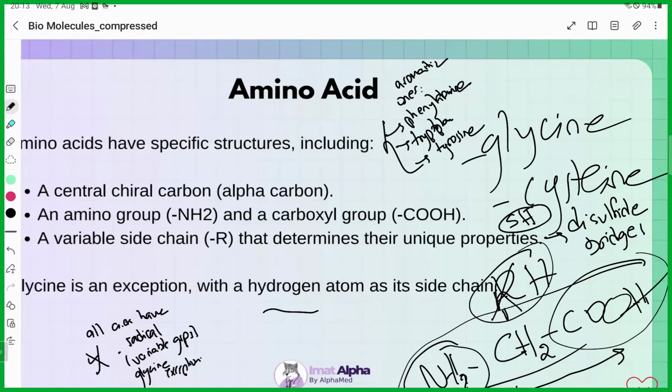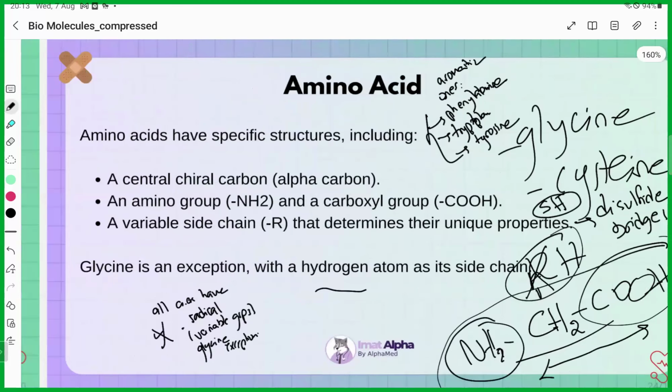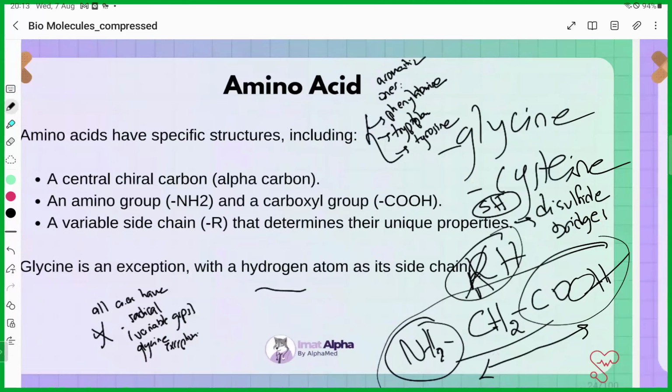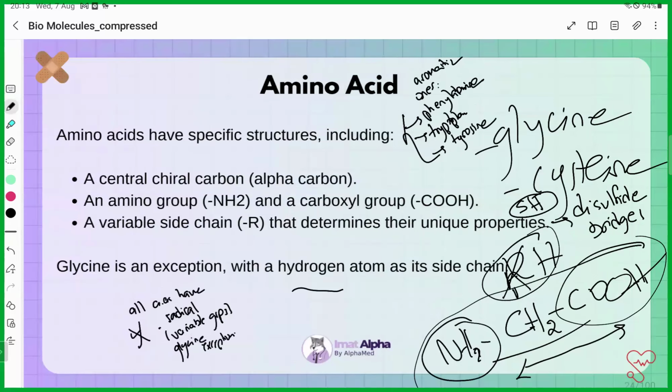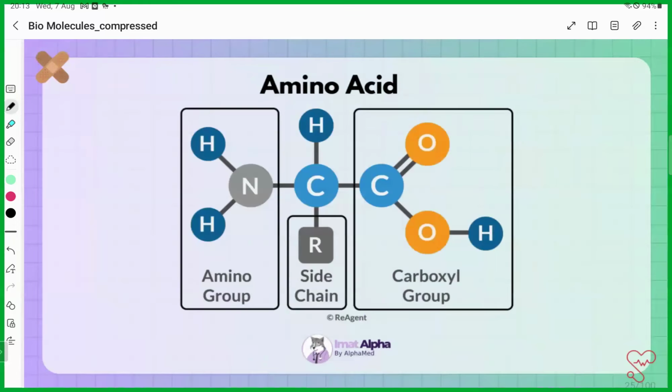That's all. So please, guys, just know these notes. That's all about amino acids. You should not know more. The structures, if you want to add some info about them, you can, but you don't have to. So we have an amino group, a carboxyl group, an R chain, and an H.